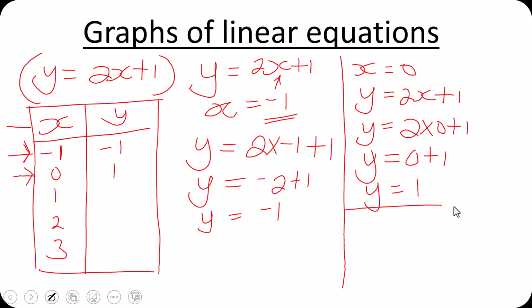Then we are going to now find the next value. When x is 1, what is the y value? When x is 1, we're going to come in our equation here and still put in 1. Y will equal 2 times 1 plus 1. And in this case, our y will equal 2 plus 1.